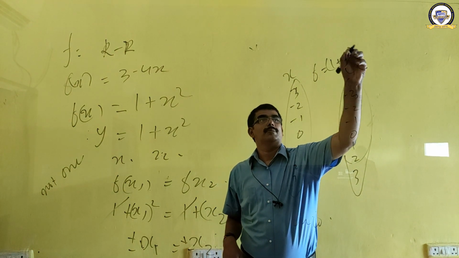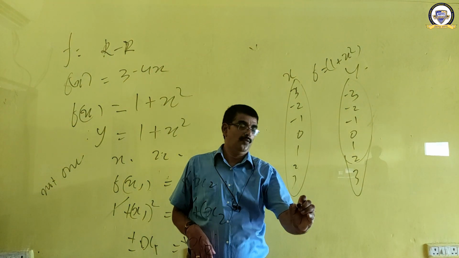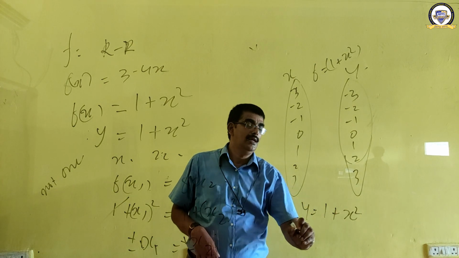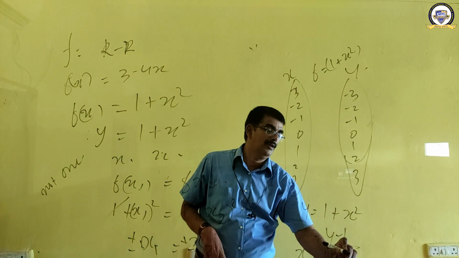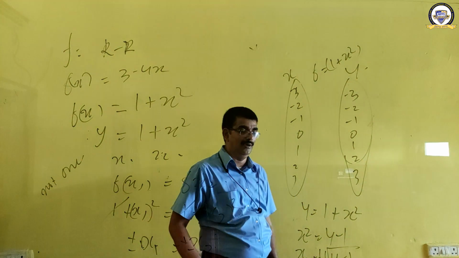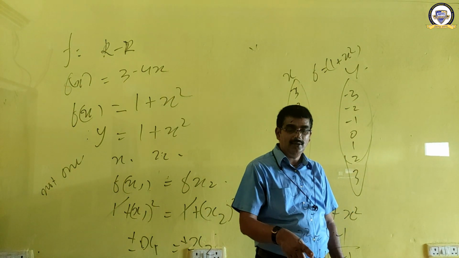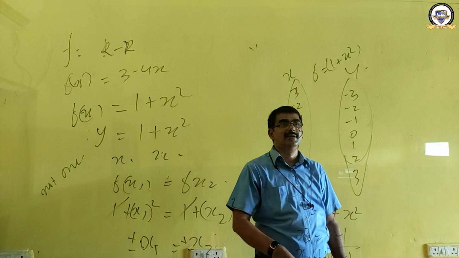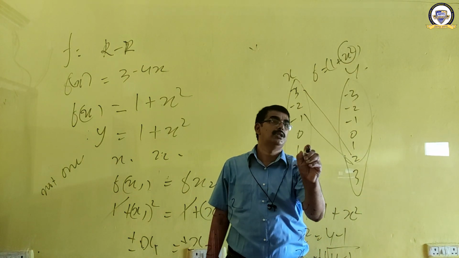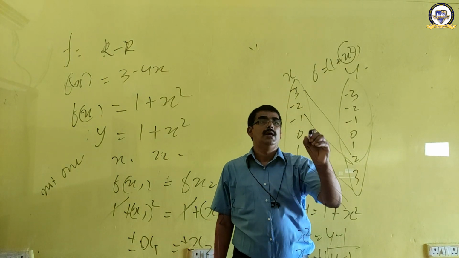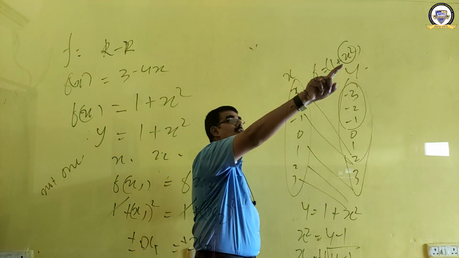If I go in the opposite way, y is equal to 1 plus x square, so x square is y minus 1, x is plus or minus square root of y minus 1. So for a particular y, you are getting plus or minus. Here it is always x square, so it always goes with the positive case. But for a negative number, we are not going to get any pre-image because of this x square and this definition.